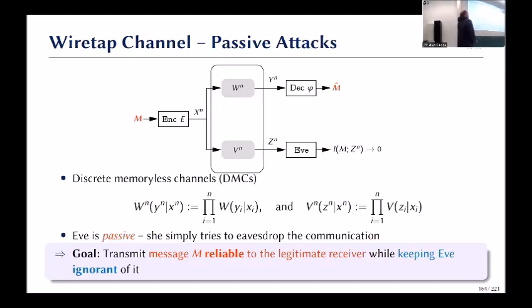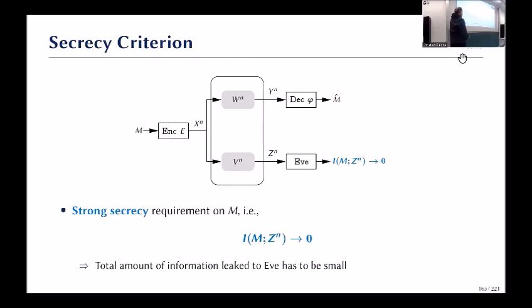What does it mean? Our assumption is that the mutual information between M and Z^n goes to 0. That means Eve cannot do anything, she has no clue what it is. So that's a strong secrecy requirement, that the mutual information between M and Z^n goes to 0.